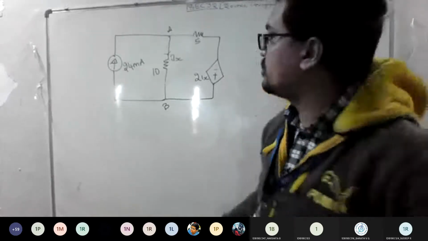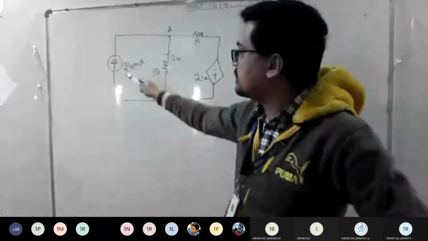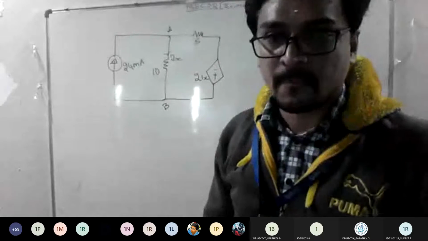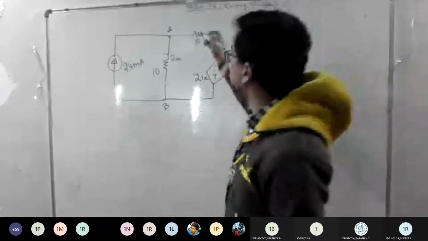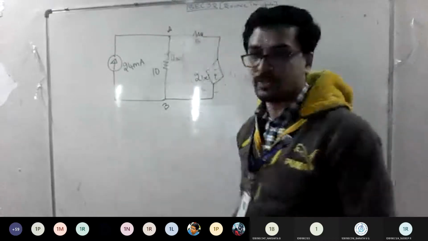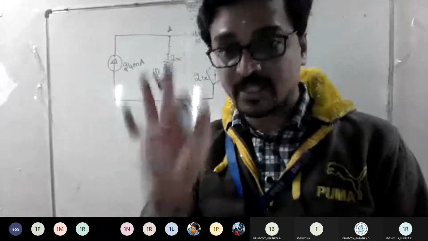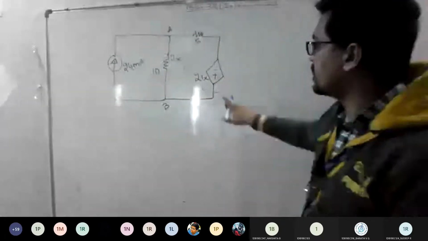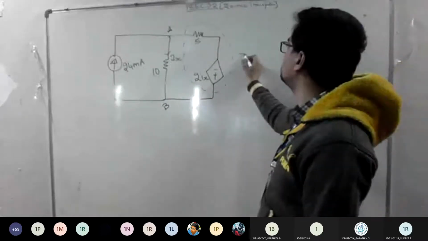If we convert this practical voltage source to a current source, then it becomes parallel, correct? So the first step is this: convert this practical voltage source to a current source. Irrespective of dependent or independent, stick to the procedure. The only thing is I should write what Ix is.